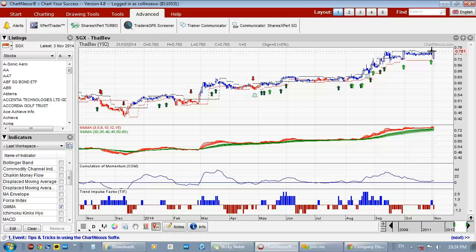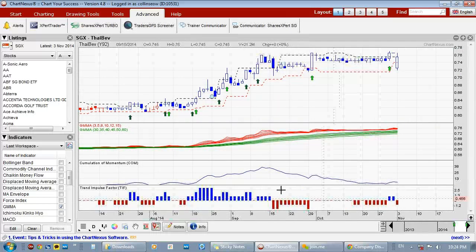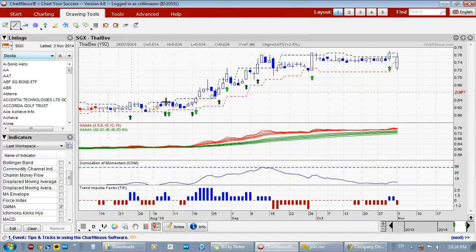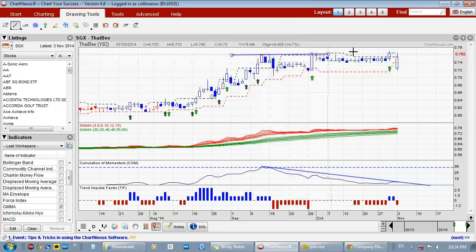You can see that the momentum is starting to drop, in fact dropping quite a bit from here all the way down to here. So actually there's a divergence. Can you all see? There's a divergence in the stock. The momentum is dropping for Time average.